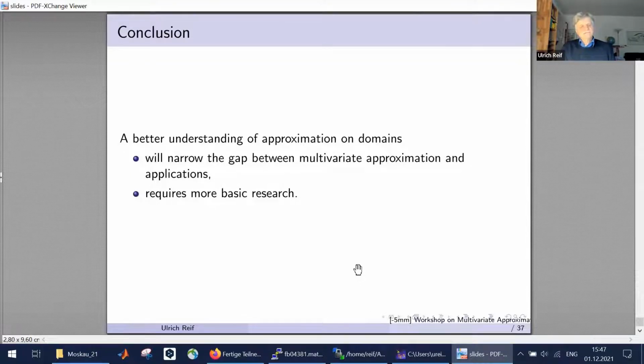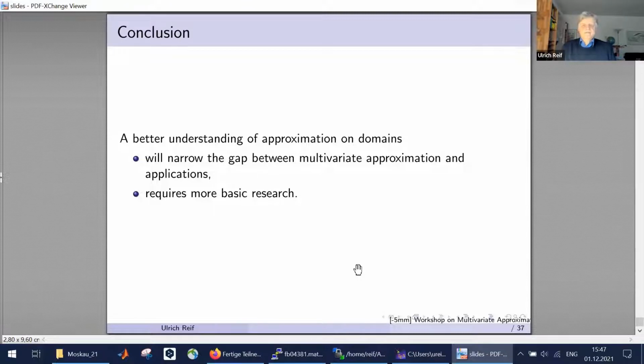I think it is necessary to understand approximation properties of polynomials and splines better when approximation is done on domains. The case of approximation on boxes is analyzed in any detail, but for applications like simulation and so on, domains are not boxes.